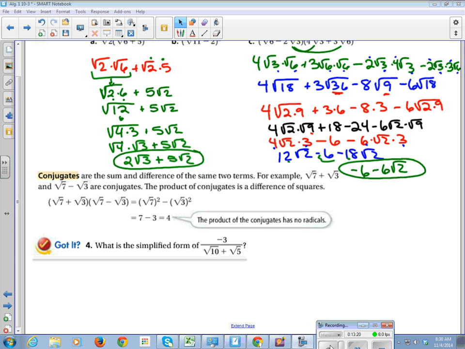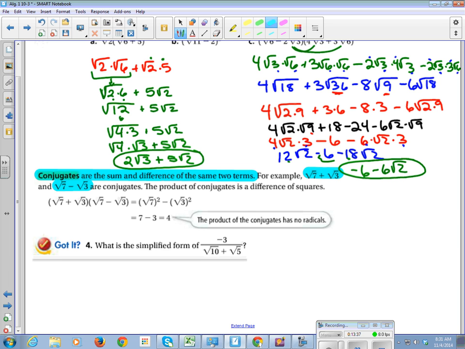All right, I want to take a moment and talk about conjugates. So the conjugates are the sum and difference of the same two terms. For example, 7 plus root 3 and 7 minus root 3 are conjugates. The product of conjugates, so when we multiply them together, is the difference of squares.